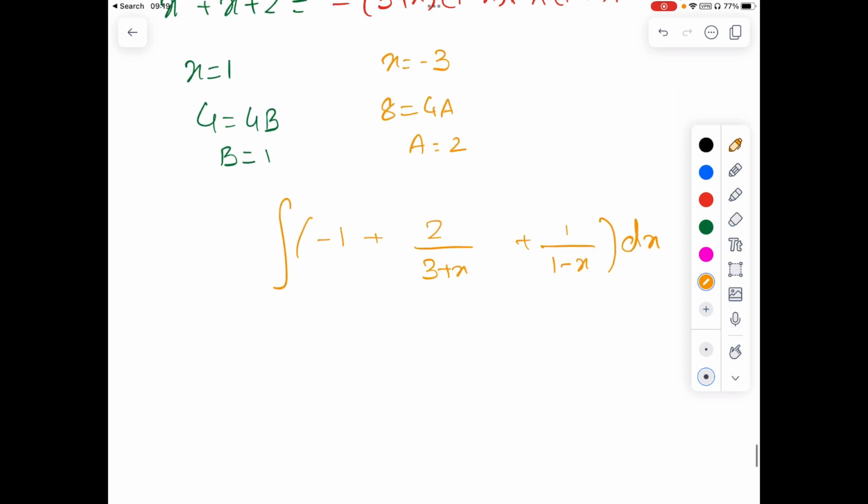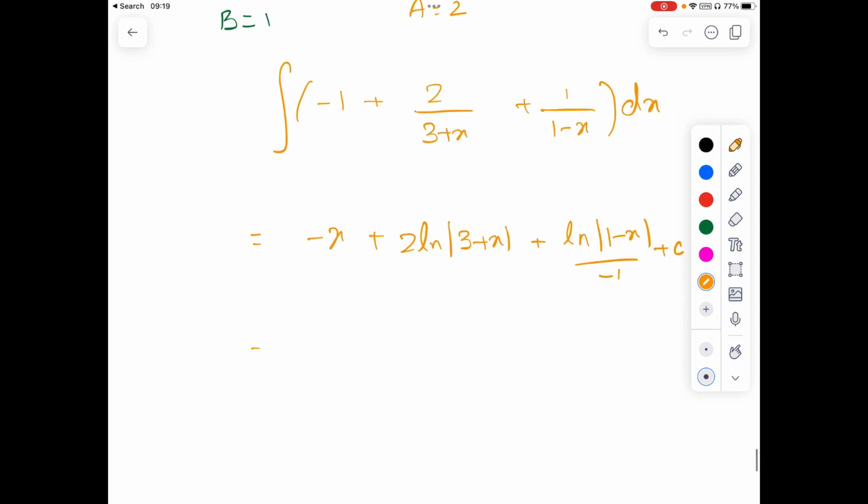So the integral is negative x plus 2 ln of (3 plus x) plus ln of (1 minus x) divided by minus 1, plus c. So it becomes negative x plus ln of (3 plus x) whole squared; because of this negative, it becomes division, plus c. This is going to be the answer.